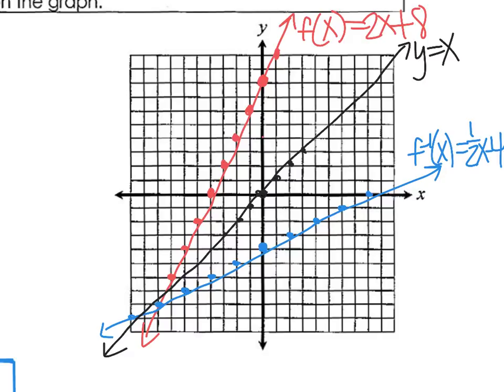Our graph is reflected across y equals x. Therefore, we can verify graphically that this is an inverse relationship. So when you're graphing, you need to graph the original function, the inverse of the function, and y equals x.